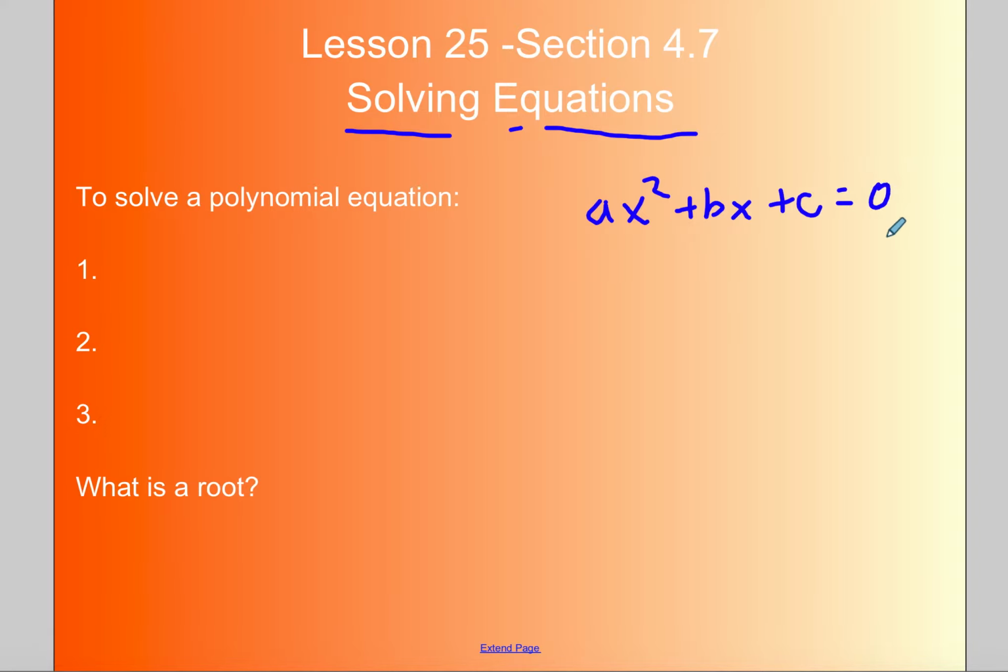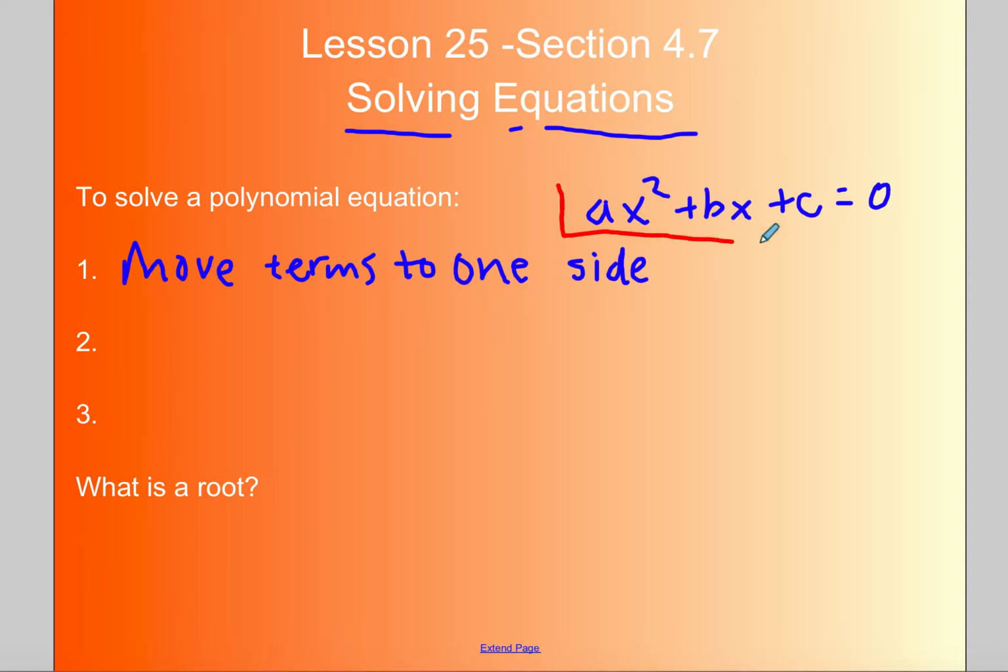That's the generic form. To solve one of these, you need to move all of the terms to one side. In other words, I need to add or subtract all of the terms so that one side of my equation is equal to 0. In the general form, you can see we already have one of our sides equal to 0.